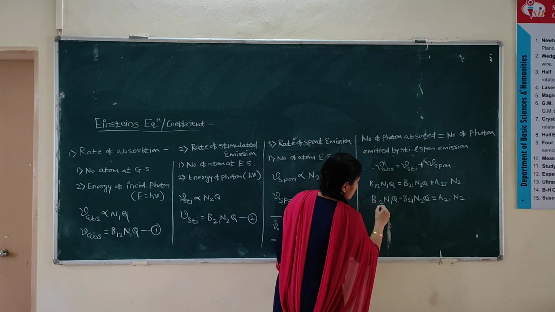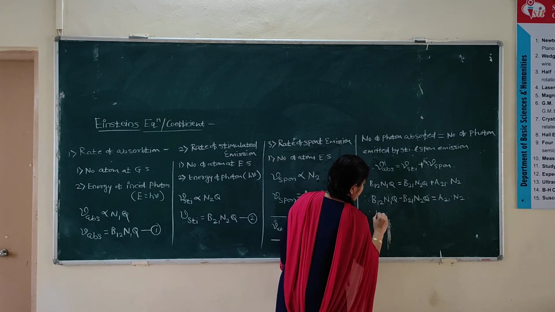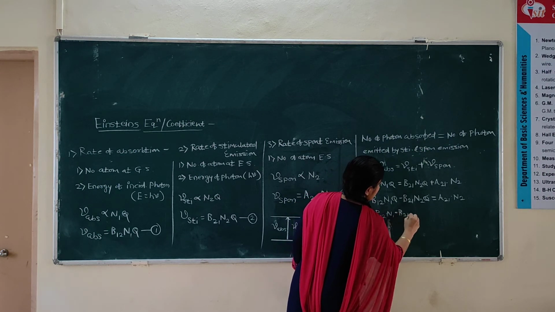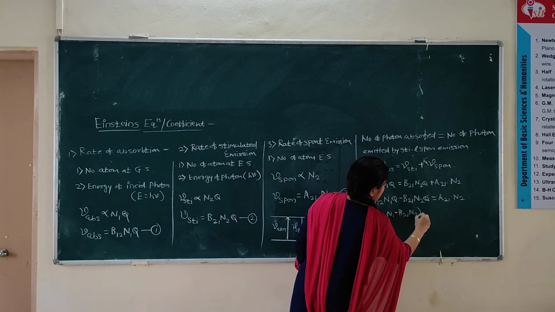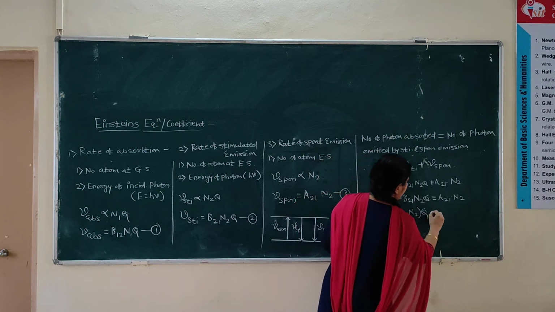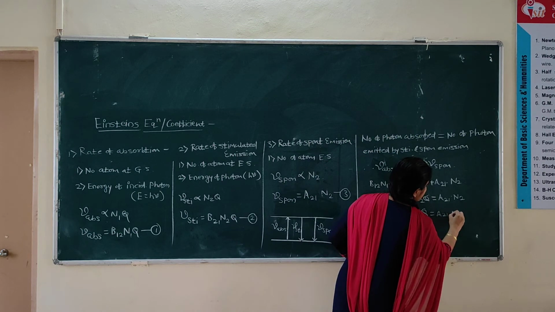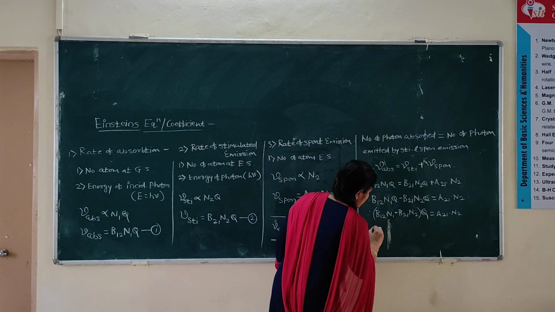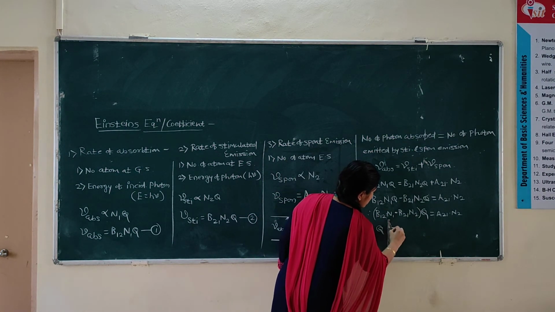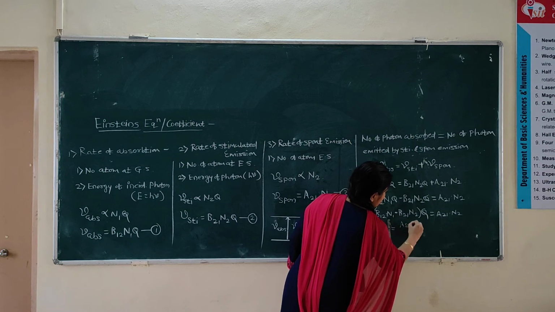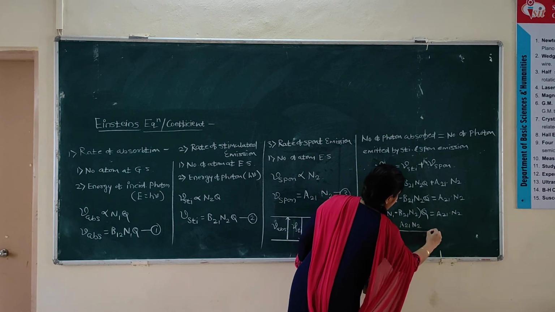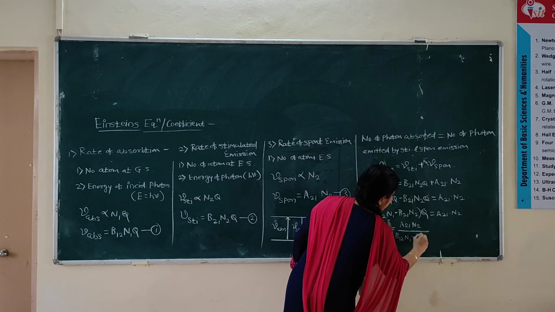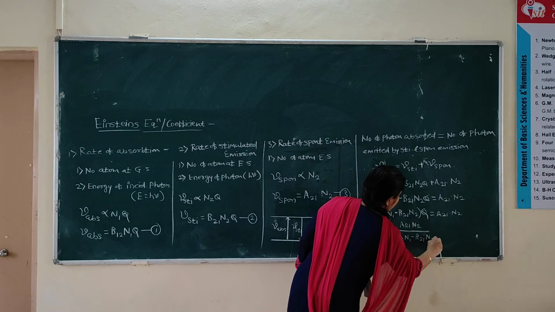Now Q will be taken common. Therefore B12 N1 minus B21 N2, like this. The right side term we write as it is. Now again, from this equation we can write Q is equal to A21 into N2 divided by B12 N1 minus B21 into N2.